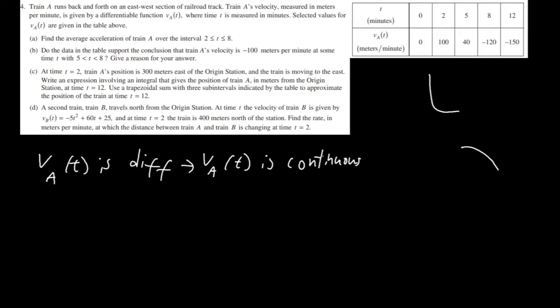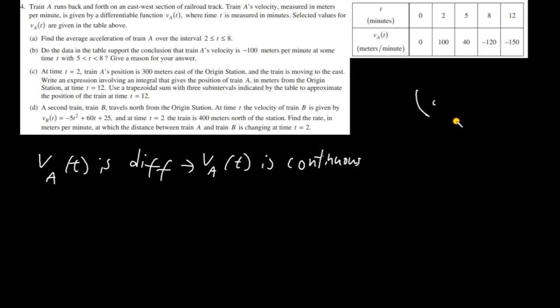So we know it's a smooth, differentiable, continuous function, so it must have passed through negative 100 on going from 40 to negative 120.